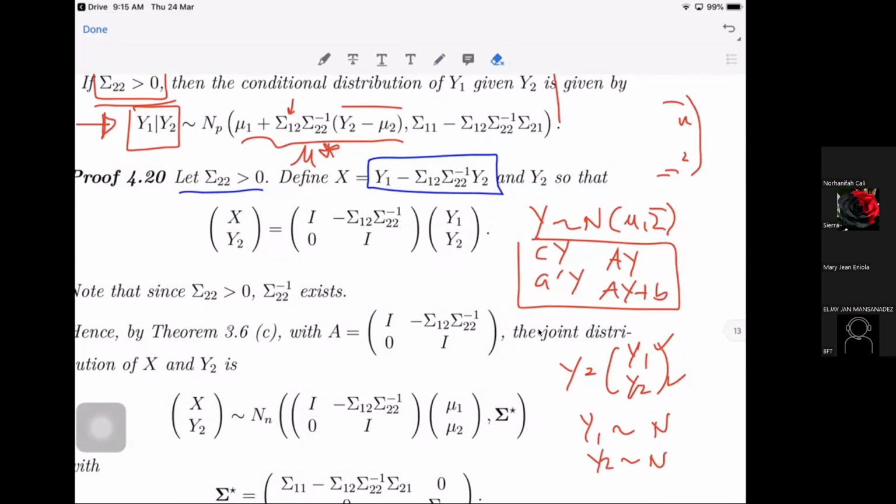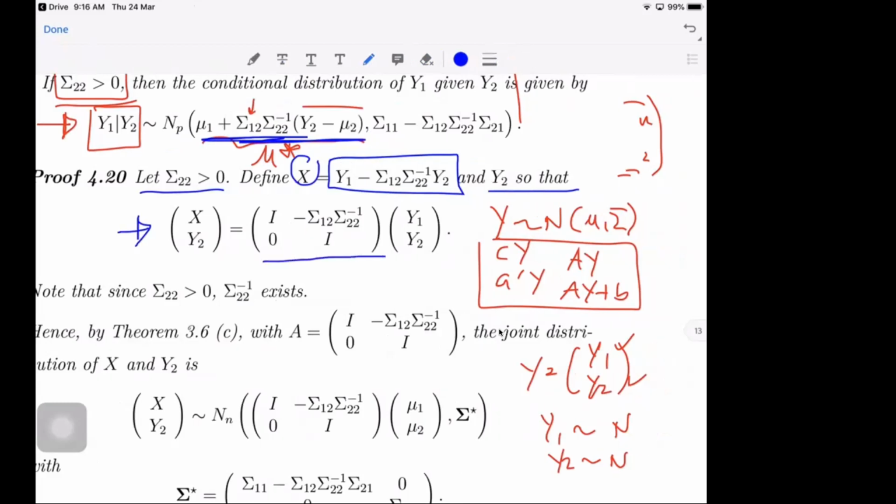This is defined so that it can have this form later. And you have there your y2, so that we look at this vector now, x and y2, which can be expressed in this matrix representation.